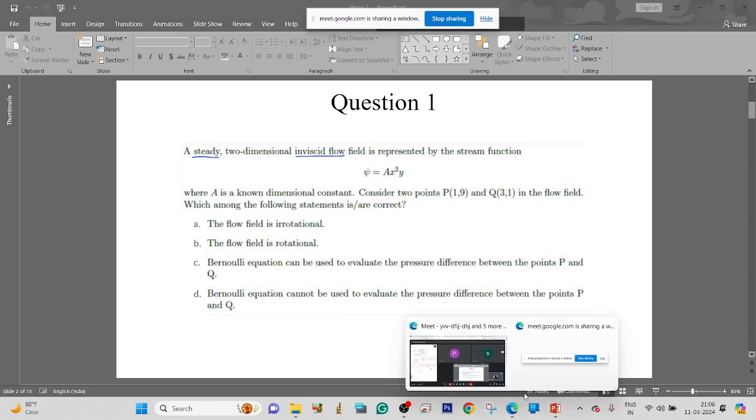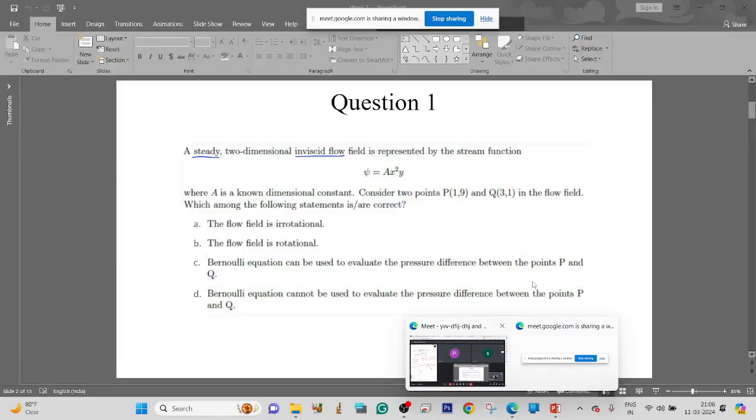Can you tell me what equation you got for the stream function? Actually, I did it directly, ma'am. I used the Laplacian. If it was not satisfying the Laplacian, it means that it is not irrotational.